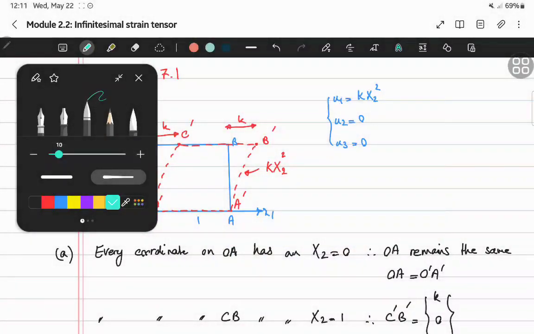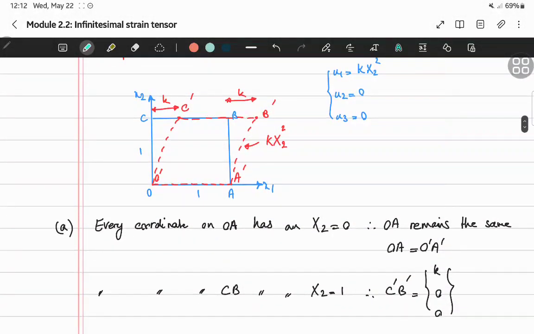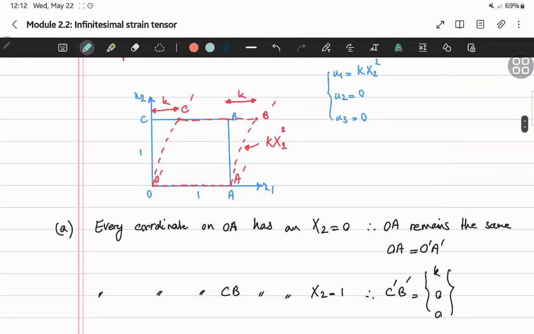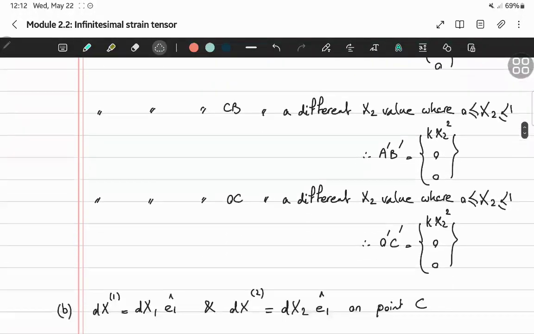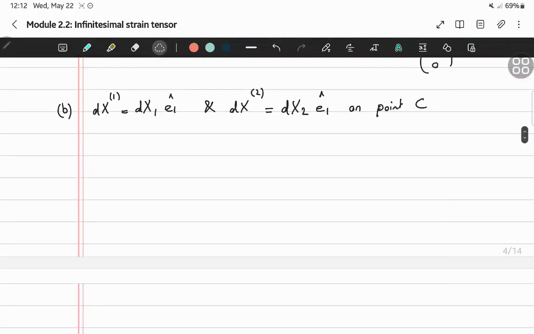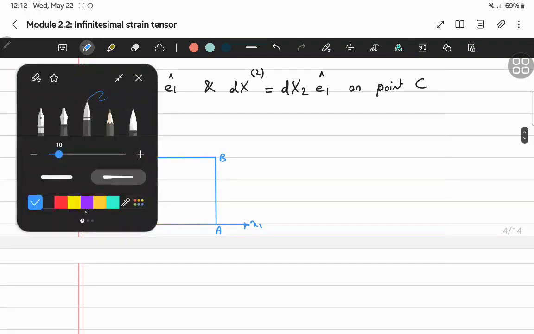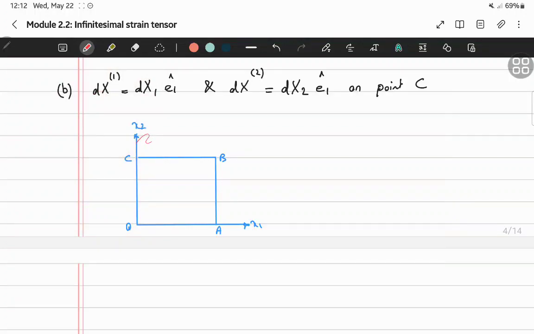All right. So the whole idea here is, let me see if I can create another figure here. So the whole idea here is that we have two vectors, dx1 and dx2, and these are given to us.